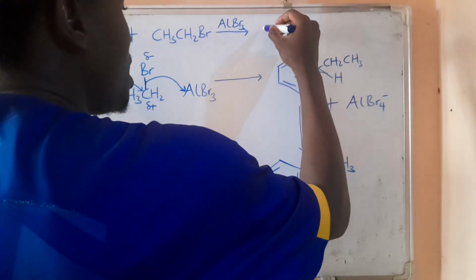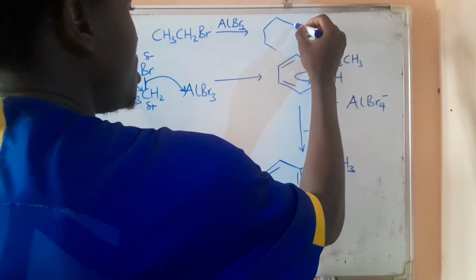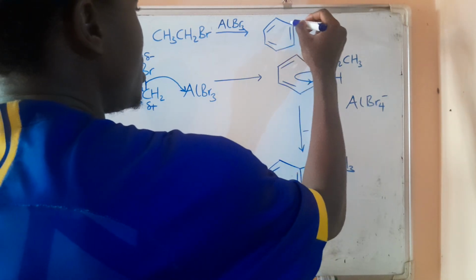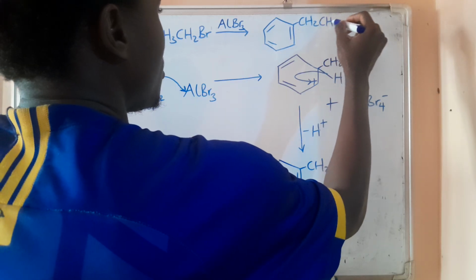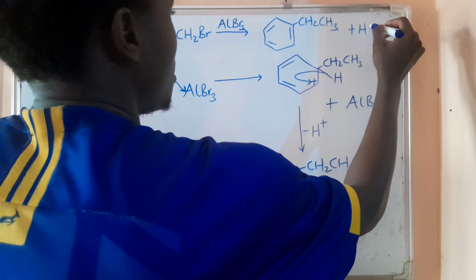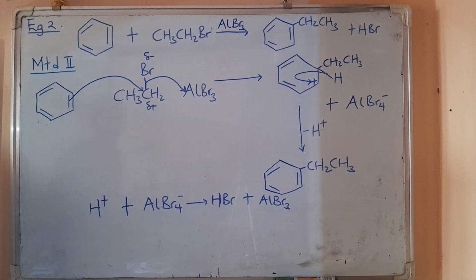So our product here is the same as we have seen in the first approach. We have ethylbenzene plus hydrogen bromide. So that is the reaction.